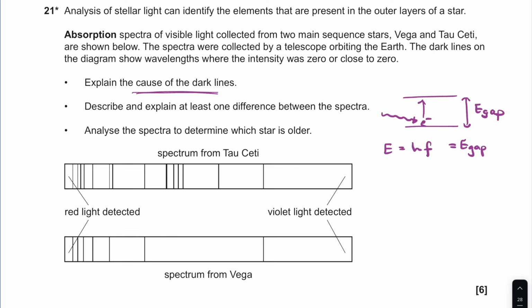When these photons are re-emitted, the electrons get de-excited. Some of these electrons will de-excite and jump down, and the photons will be re-emitted. These lines appear fainter as photons travel in random directions. So that's for the dark lines.